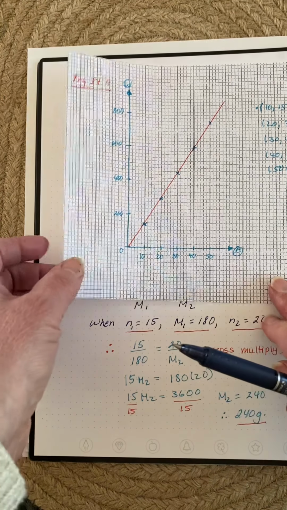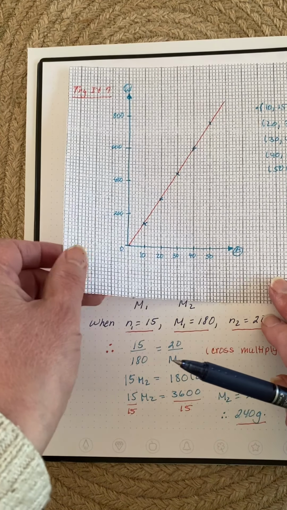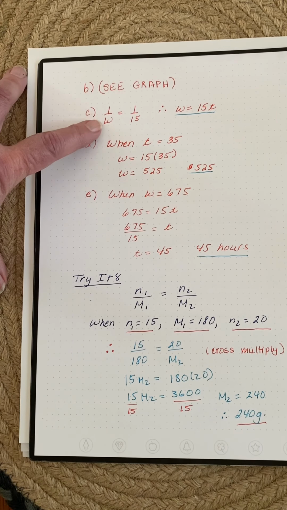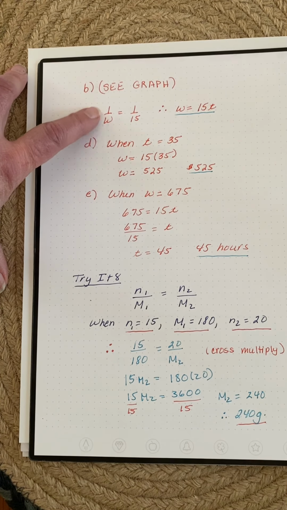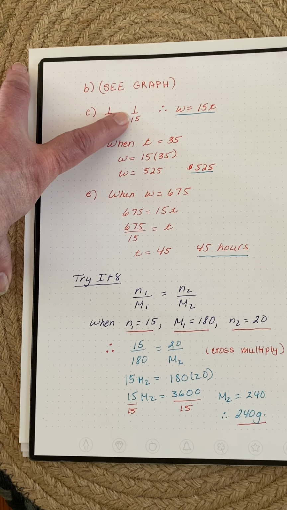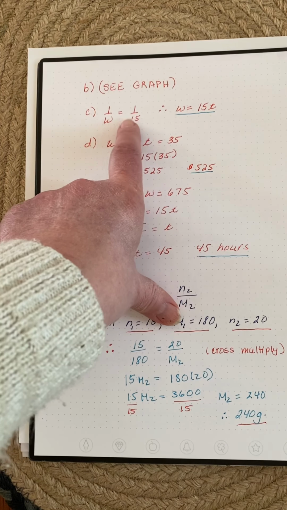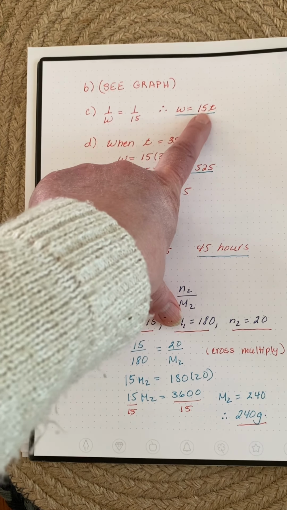Letter C tells us to find the equation connecting T and W. So again, I start off with my constant, which is 1 over 15. Therefore, 15 is the constant, so W is going to equal 15T.